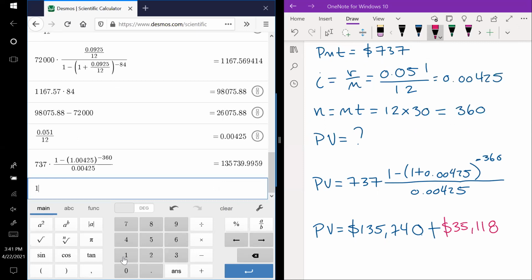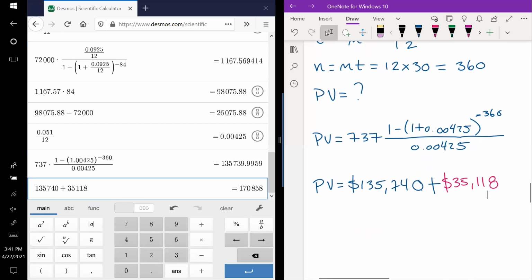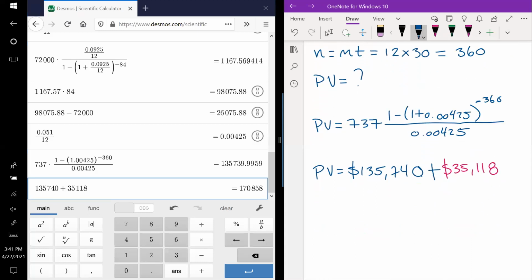Okay, so 135,740 plus 35,118, and the original price of the house was $170,850.